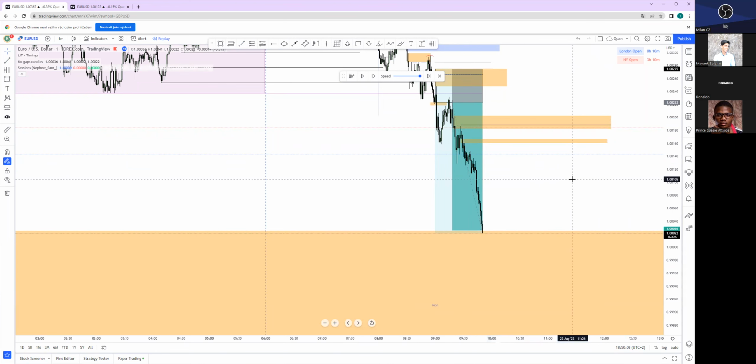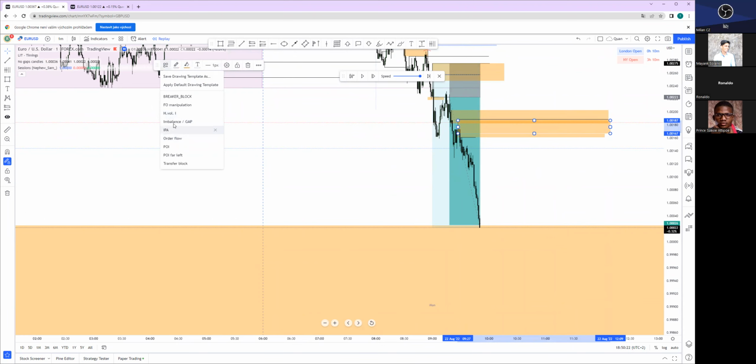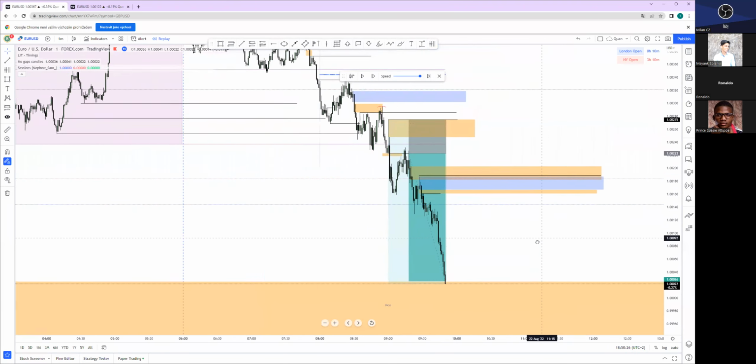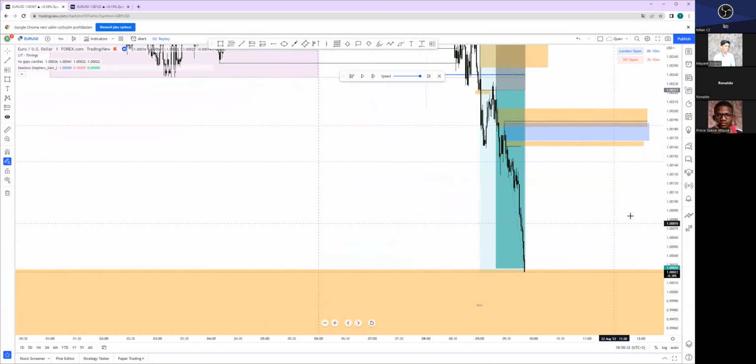All right. But they can react off this, obviously. There's nothing stopping it, right? And you can even use an indicator for inefficiency. You don't have to mark it out like me.